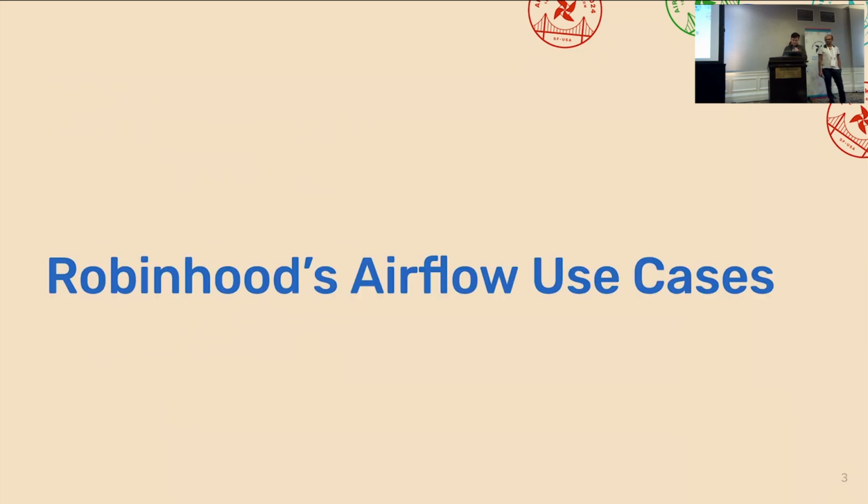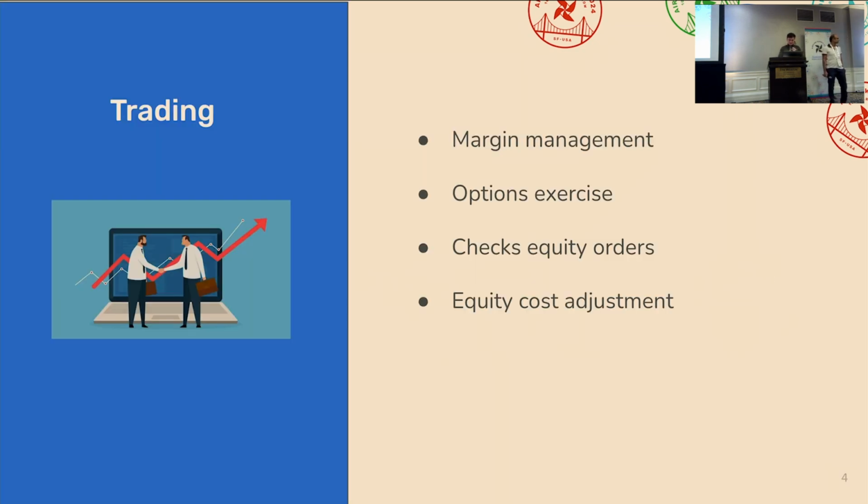Yeah, I will start with Robinhood's Airflow use cases. The most important use case is trading related, as a stock brokerage. We use Airflow to charge margin interest to customers every day. And every Friday after stock options expire, we exercise them, which is also triggered by Airflow.